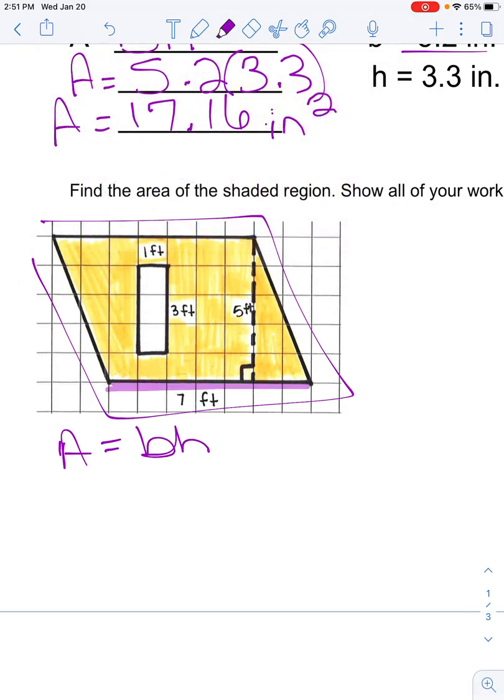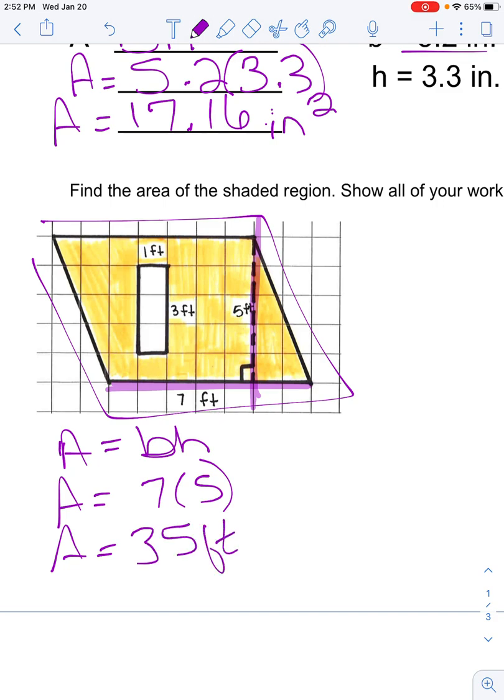The base is 7. The height, straight up and down, is 5. That gives me an area of 35 feet squared. If it was completely shaded in, the area would be 35 feet squared. However, we've got a section that is not shaded in, so we have to subtract it out.